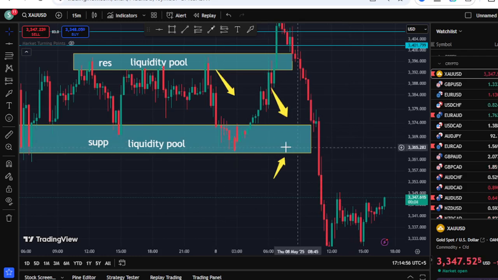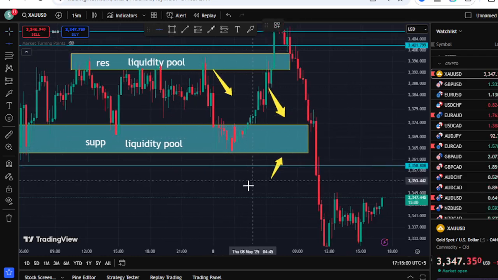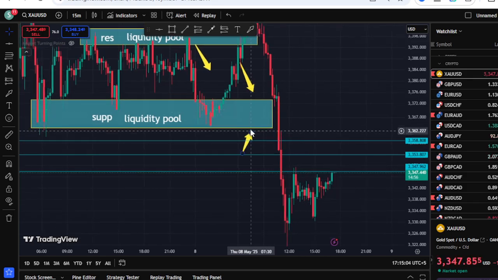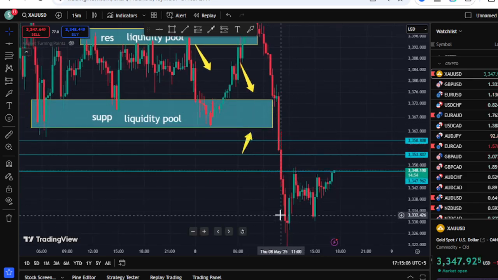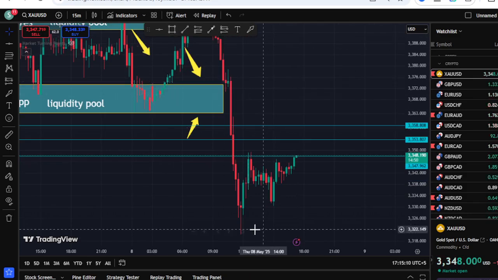Those who were buying from this support, where would their stop losses be? Their stop losses will be sitting just below that support level. And now you can see what happened exactly. The market has taken their stop losses, and now this is the good time to buy the gold.